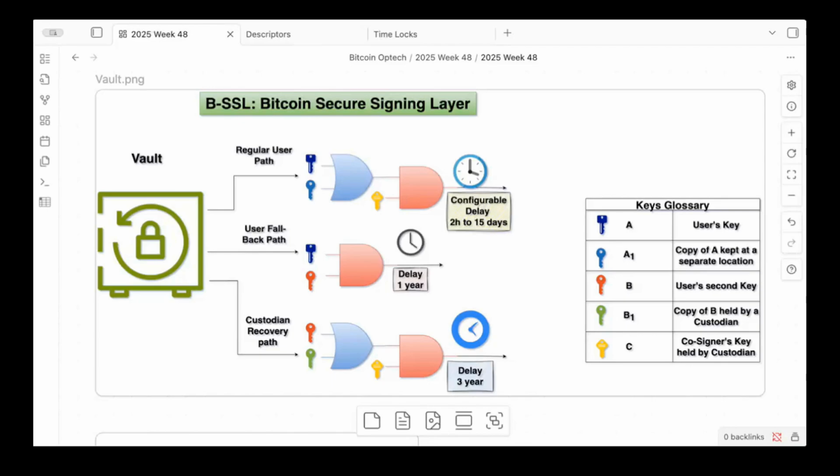And out of this, what comes out is 0.05 to the vendor or whoever he wants to pay, and the remaining 0.05 should get into a script of the same construction. So you should have a regular user path, and you should have all these three paths. So for that, he needs to have the same script ready with an address, so that he can spend the change into that address.